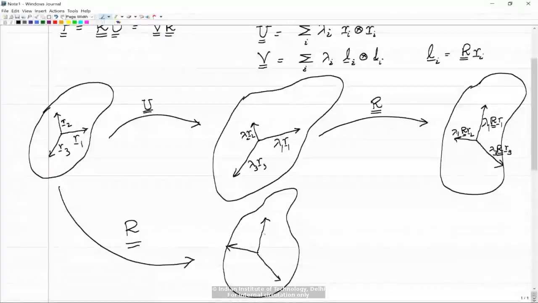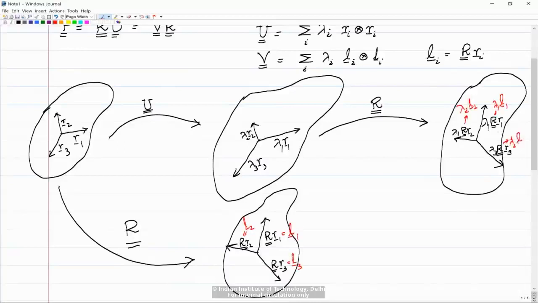So these three lines change to big R little r1, big R little r2, and big R little r3. And you can understand that they are also your L1, L2, L3. And likewise here also, this is lambda 1 L1, this is lambda 2 L2, and this is lambda 3 L3.